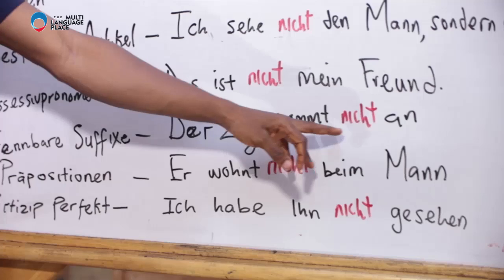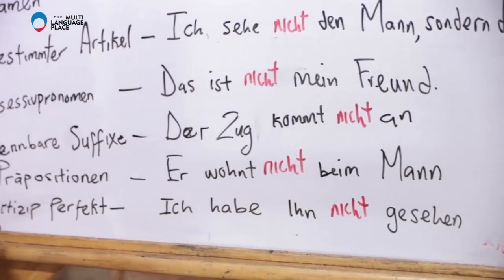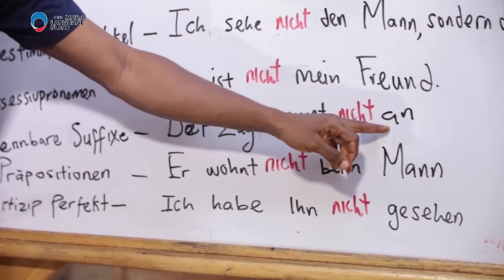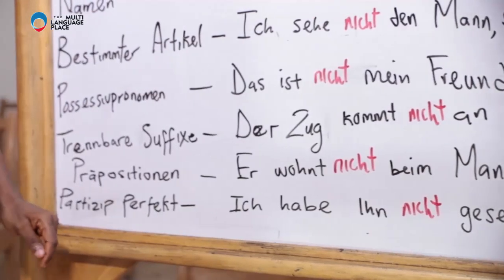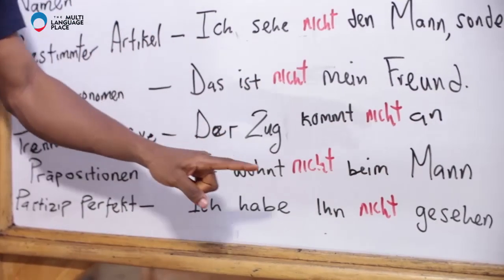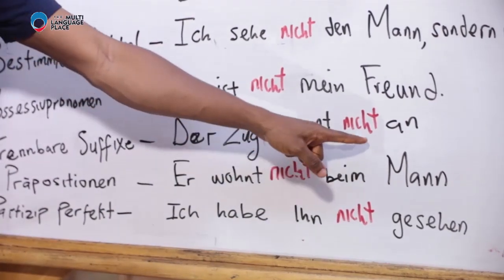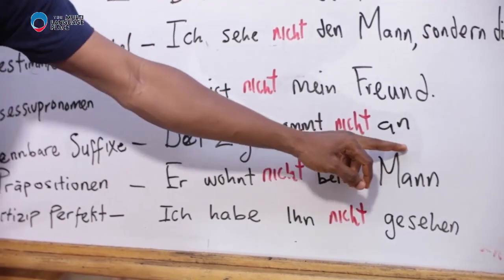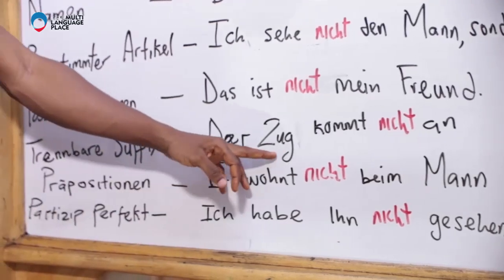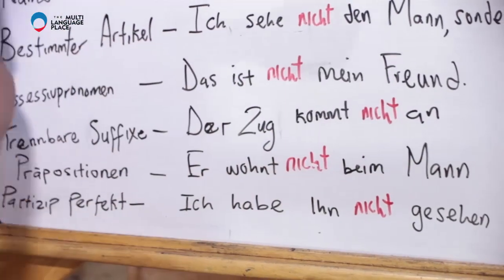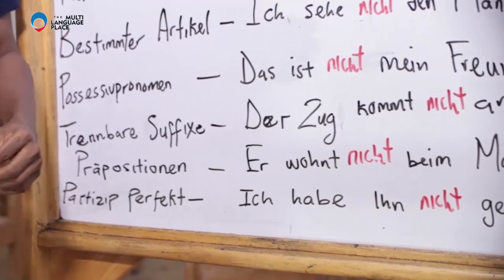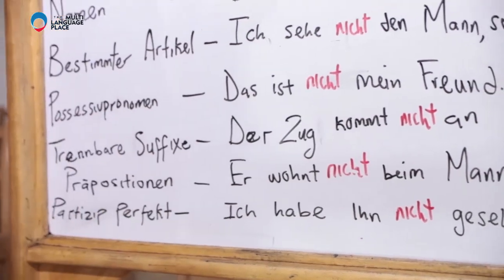Our prefix is here: an. It's the prefix for the verb ankommen. So we throw it to the back, and when we want to negate this statement, we have to place nicht before that prefix an. So we say Der Zug kommt nicht an, the train is not arriving.